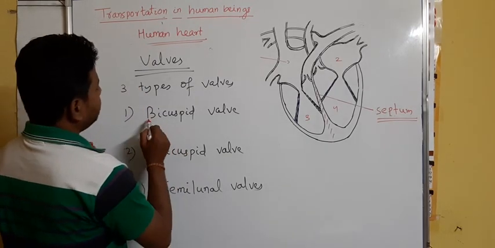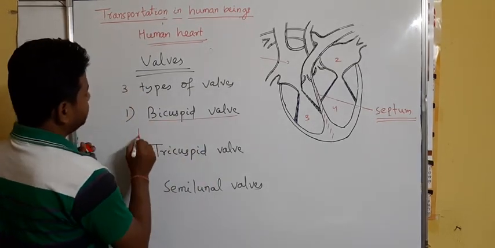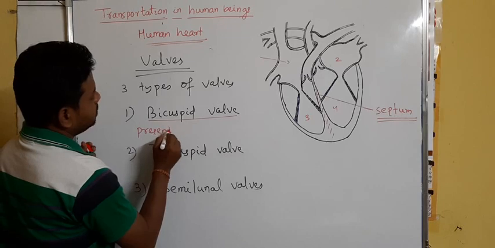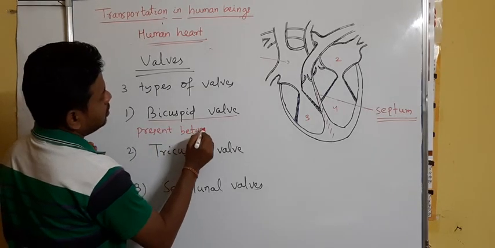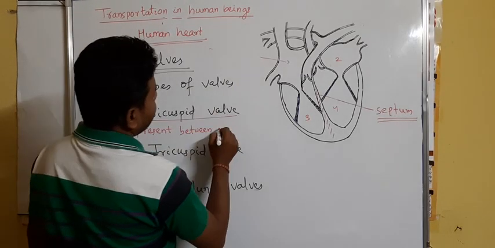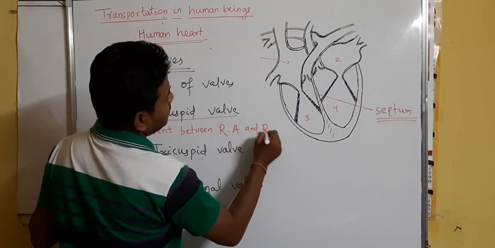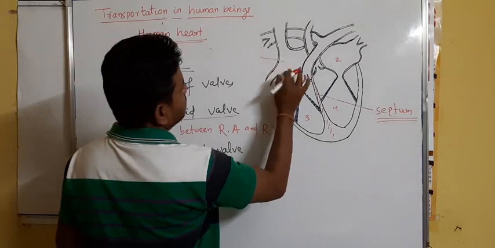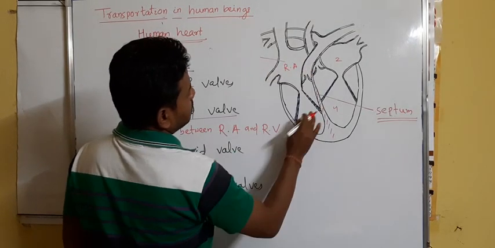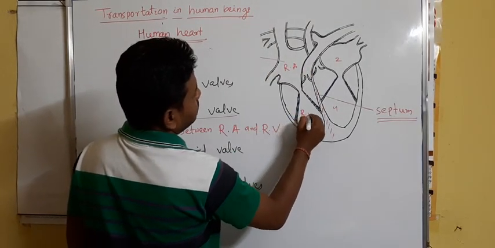The bicuspid valve is actually present between right auricle and right ventricle. You know, this is the right auricle, this is the right ventricle.